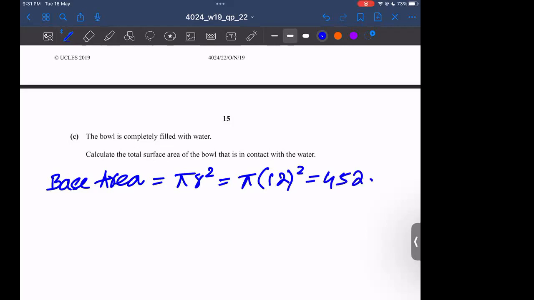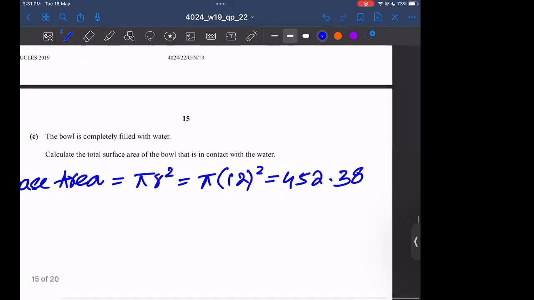Now the curved surface area of the larger cone. The curved surface area formula is pi r L. See, they have already given the formula for pi r L.